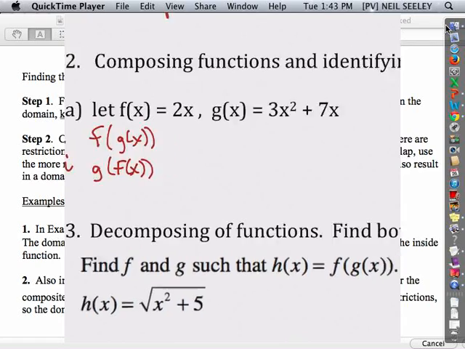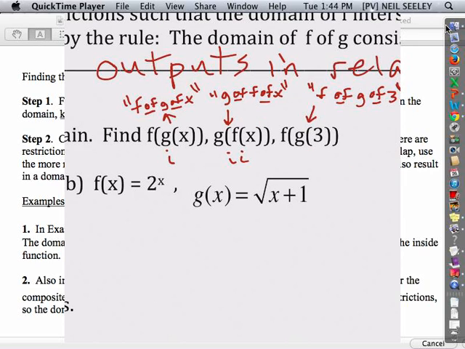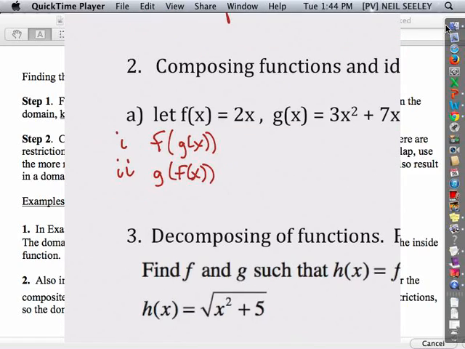And I think the last one's f of g of 3. We're going to test all three of these. f of g of 3. Okay. Here's how they work.